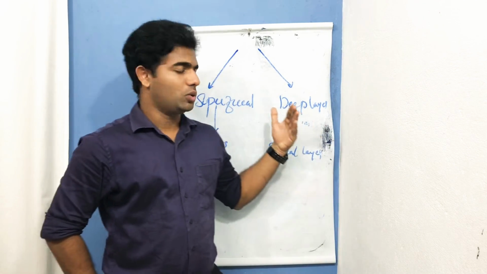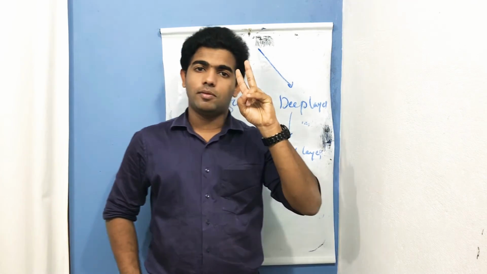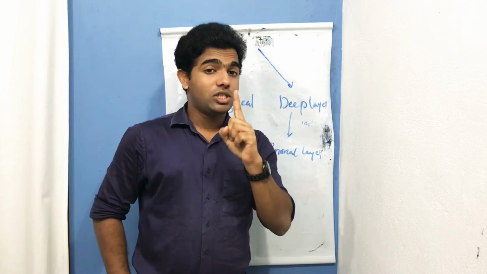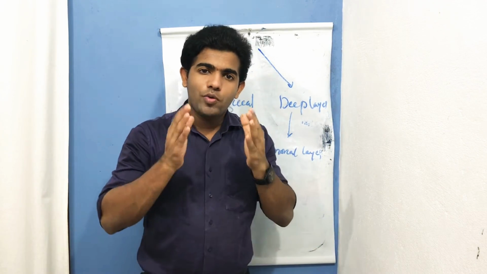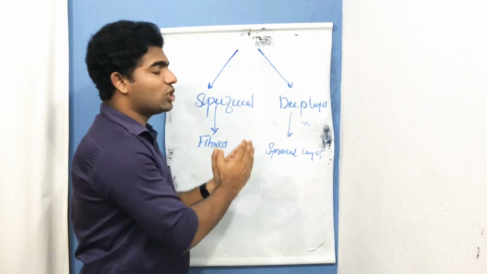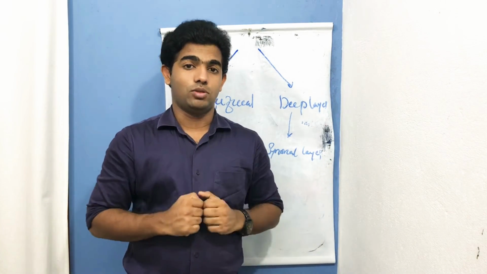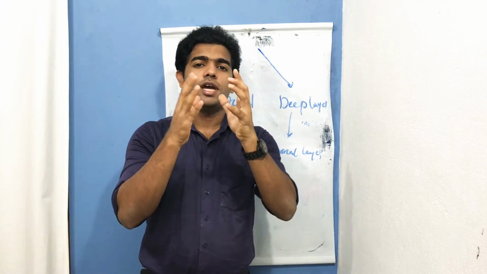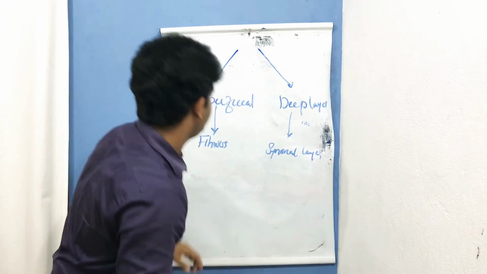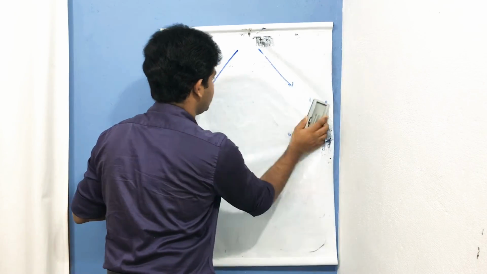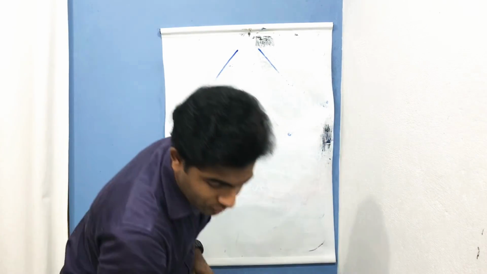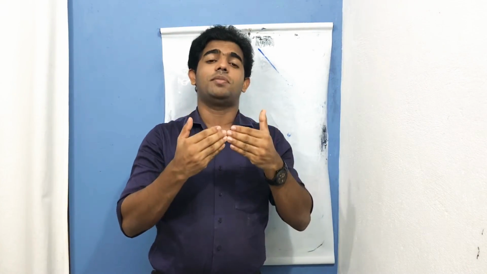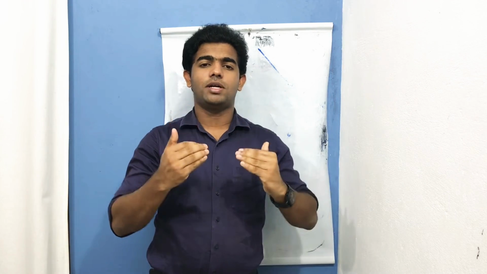As I told you, the capsule is made up of two layers, the superficial and the deep layer. Now we go on to discuss each layer of the knee joint capsule. And before that, something important, the relationships of the knee joint capsule. In general, the knee joint capsule runs from the inferior surface of the femur to the superior surface of the tibia.